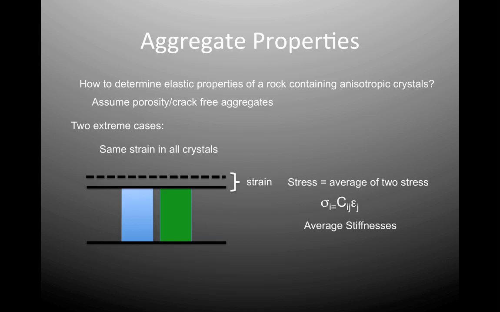So in this case, averaging the stiffnesses will allow us to calculate the stress associated with uniform strain. We'll call this the Voigt average, and in the Voigt average we accept the idea that an aggregate contains anisotropic materials that all experience the same strain.